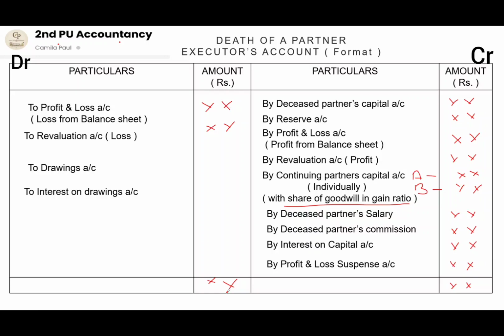Now find the balance. The balance will be the amount or the final settlement made to the deceased partner, which is to be written as to balance carried down. And this balance of the executor's account can be paid in different ways.